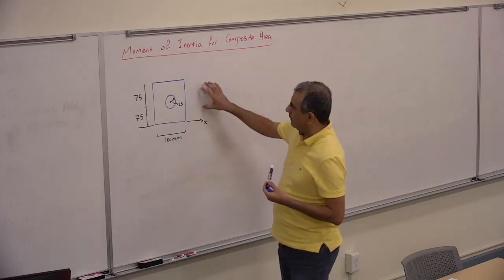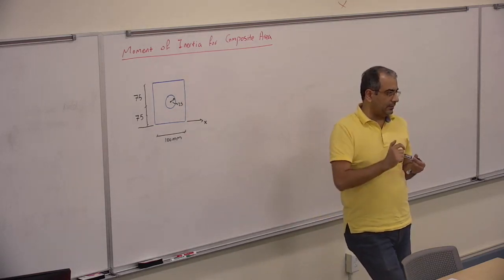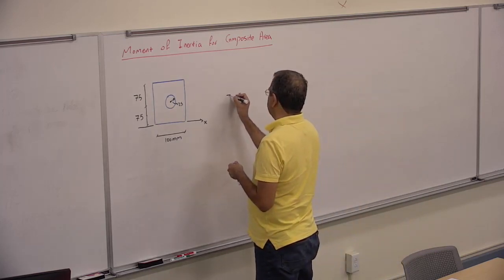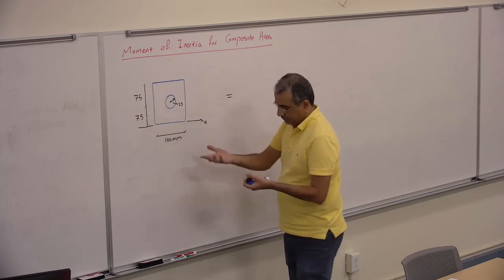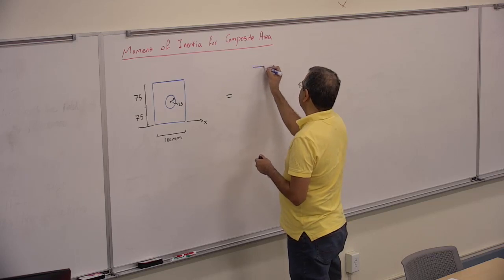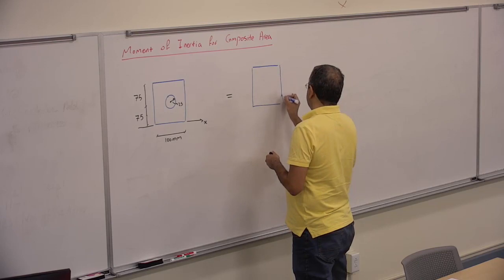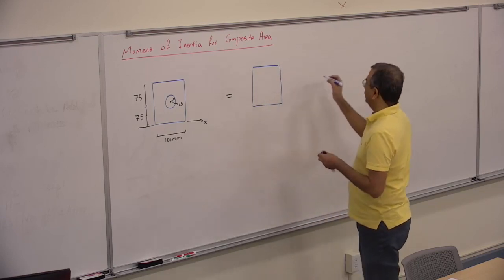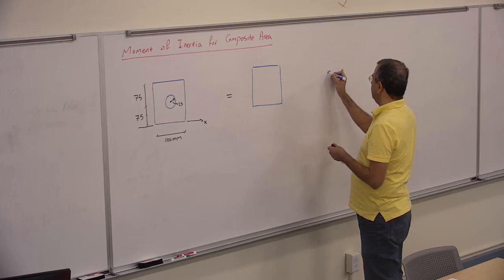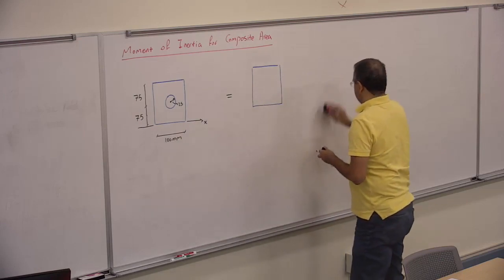So I want to calculate the moment of inertia of that blue cross section that has a hole at the center. I'm going to break it into known shapes. I have two known shapes: one of them is a rectangle, and one of them is a circle. Make sure that you're at the same location at the origin for each shape.